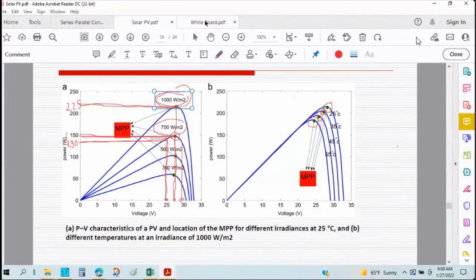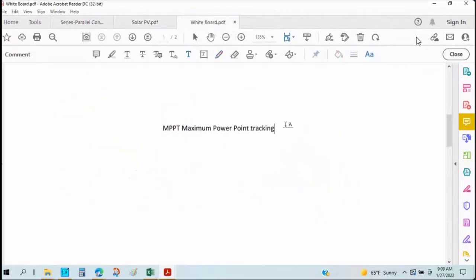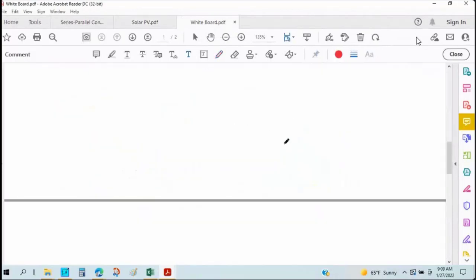Let's think that we have a cell, like this one. What is this one? A battery.